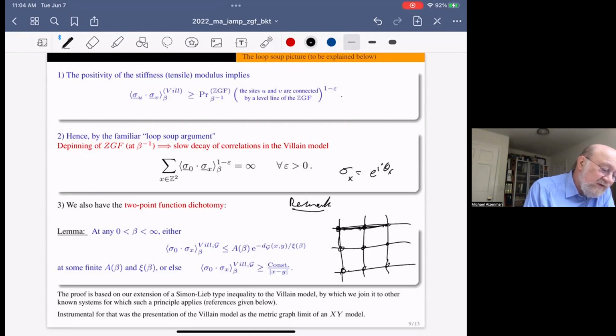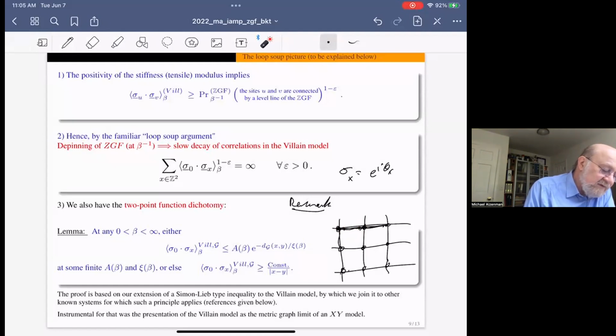The action of the Villain model corresponds precisely to what you obtain if you think of a one-dimensional continuum version of these unitary spins, which, conditioned on the values at the edges, perform just Brownian motion on a circle as you go from one end to another.